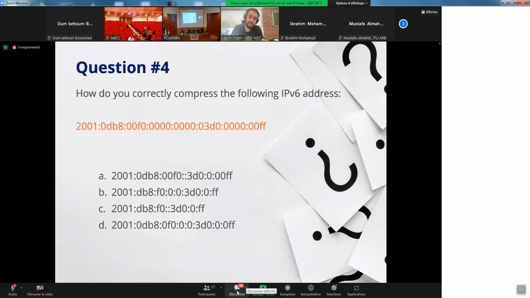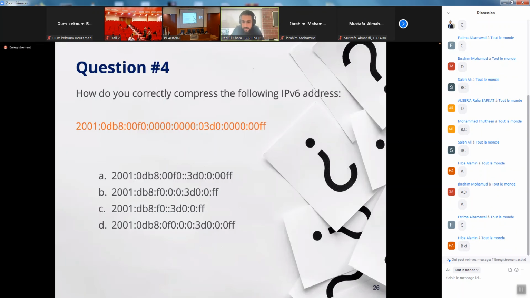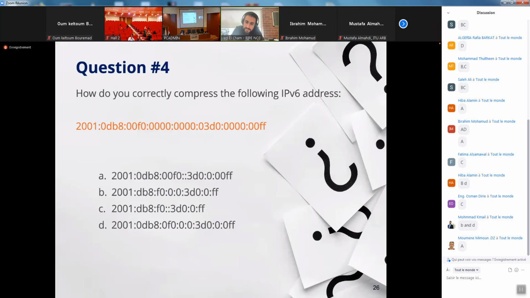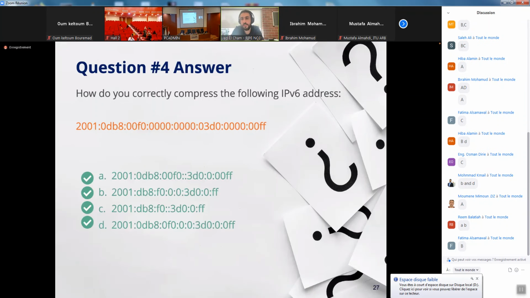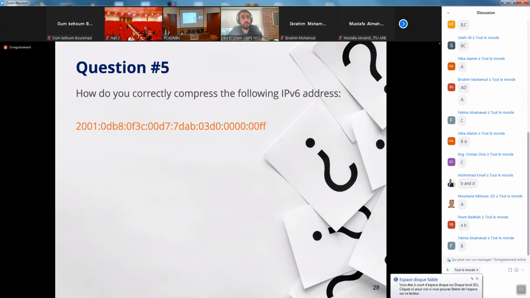I see A, I see C, B and D. All right. A, B. All right. So it's your lucky day because all of the answers are correct, right? Because if you take a look at them, each one respects the two golden rules. Leading zeros equals zero. A series of zeros can be represented only once by the double colon. So yeah, all of them are correct.